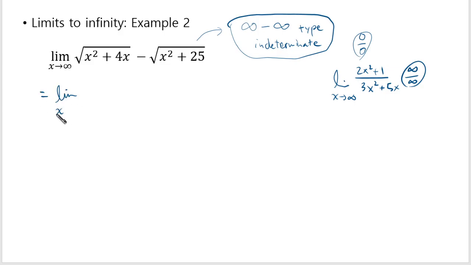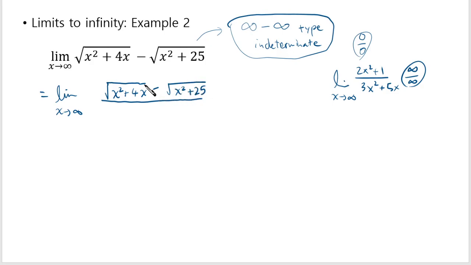Well, you have square roots, and often the trick for square roots was to multiply by the conjugate, right? And the only problem is this is not a fraction. Usually we had fractions, so we were multiplying by the conjugate top and bottom. But here, it's not a fraction, so we're going to make it a fraction.